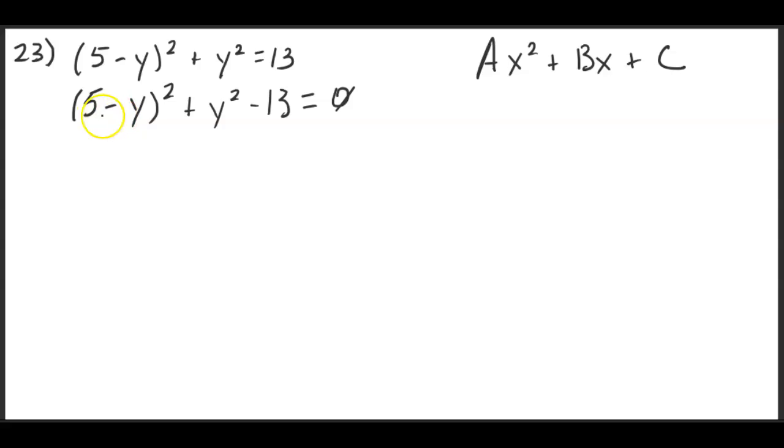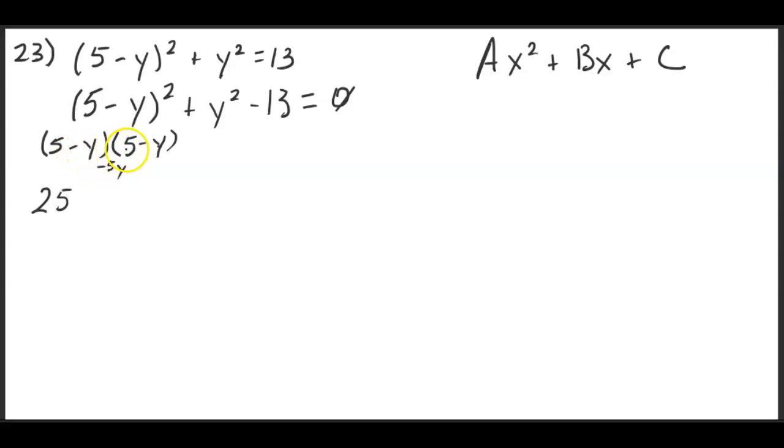Well, this quantity 5 minus y squared is really saying 5 minus y times 5 minus y. It is two binomials multiplied. So let's do it. Let's see what happens. 5 times 5 is 25. 5 times negative y is negative 5y.